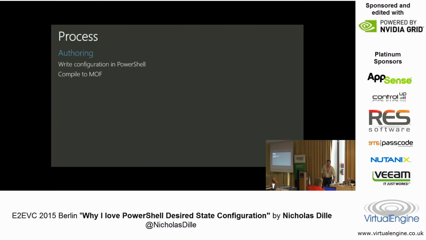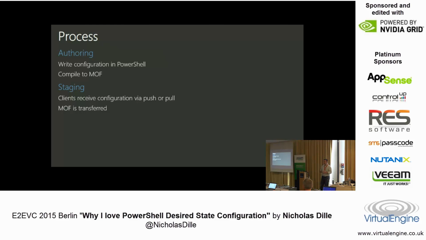Okay, so after authoring a PowerShell document and compiling a MOF document, comes the staging phase. At that point, the configuration is presented to a client. There are two methods to do that. The first is push. You take the configuration document, throw it at a node, and tell it to apply that document.